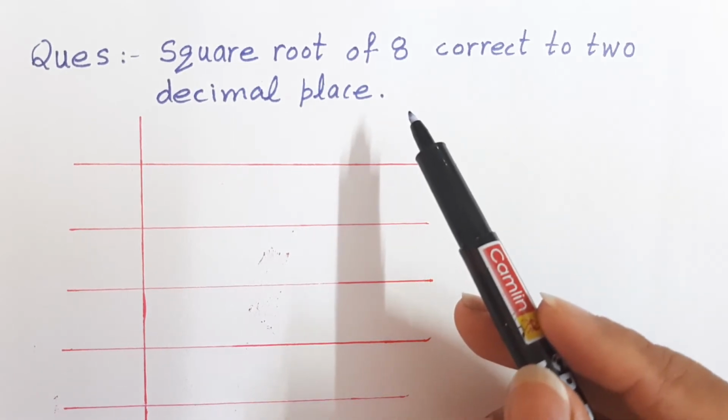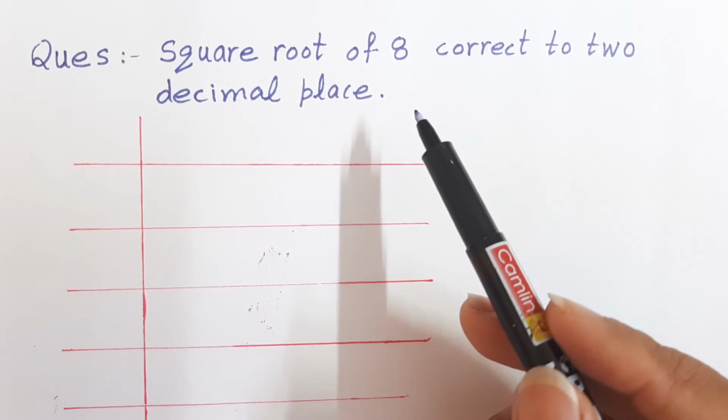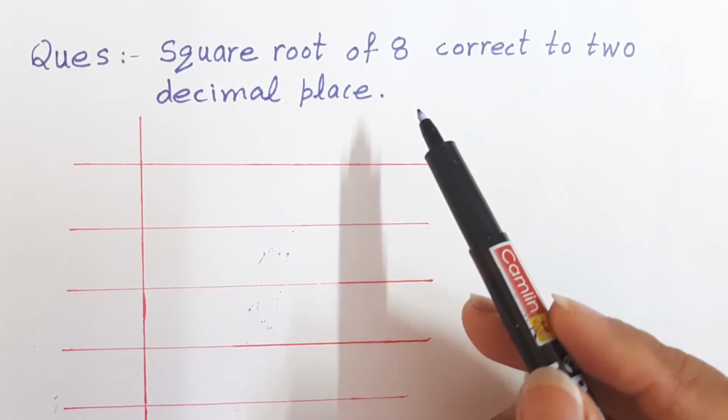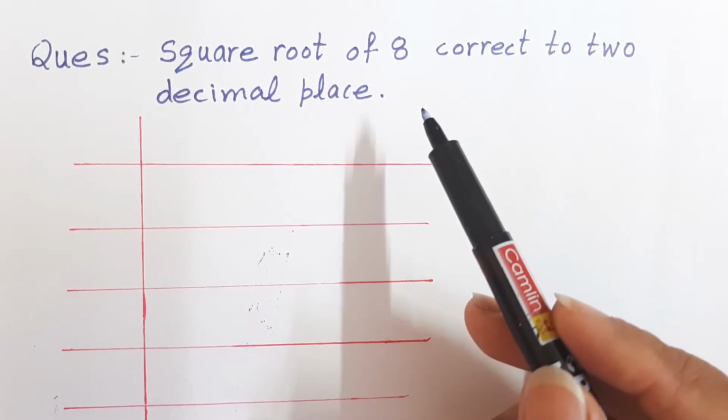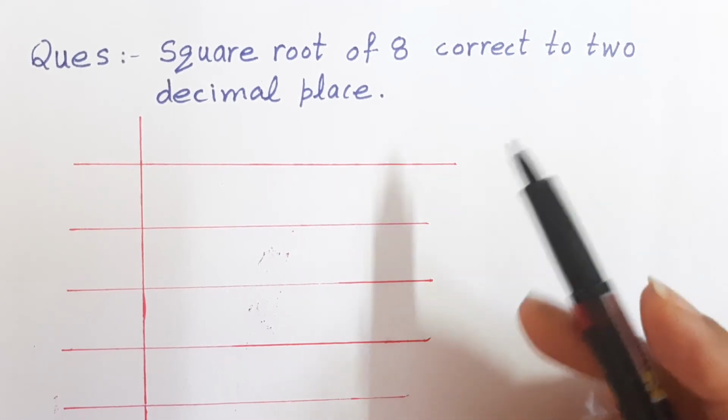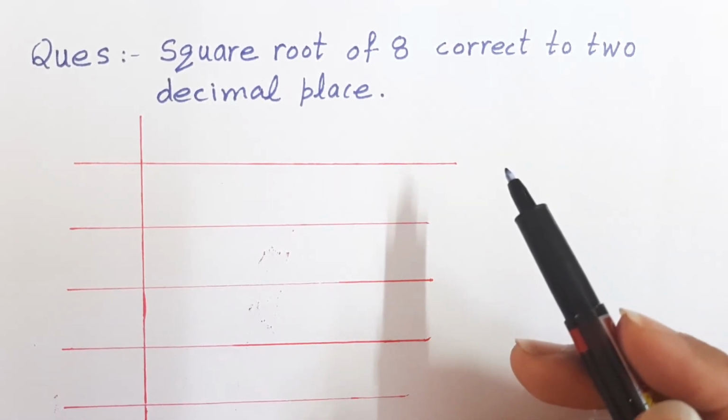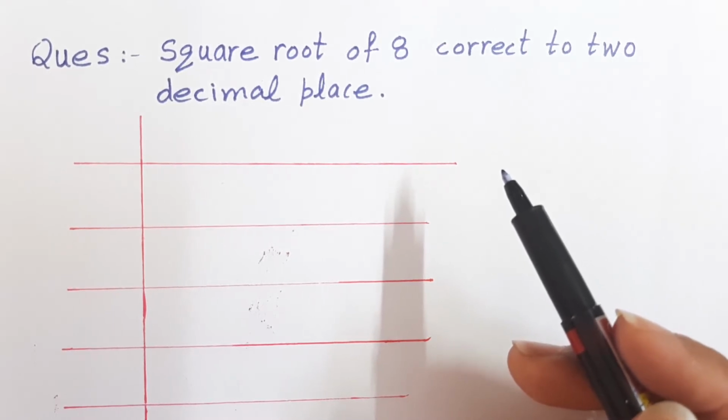Why so? Because we have to round it off up to 2 decimal places after the calculations. Similarly, if the square root is required correct to 3 places of decimal, in that case, we will find the root up to 4 places and then round it off up to 3 places and so on.